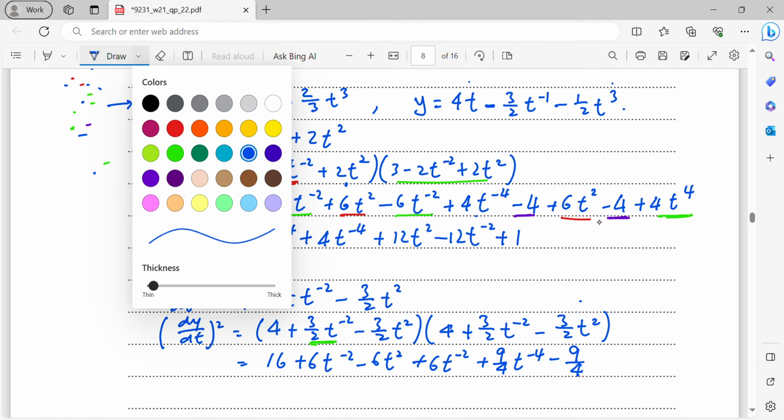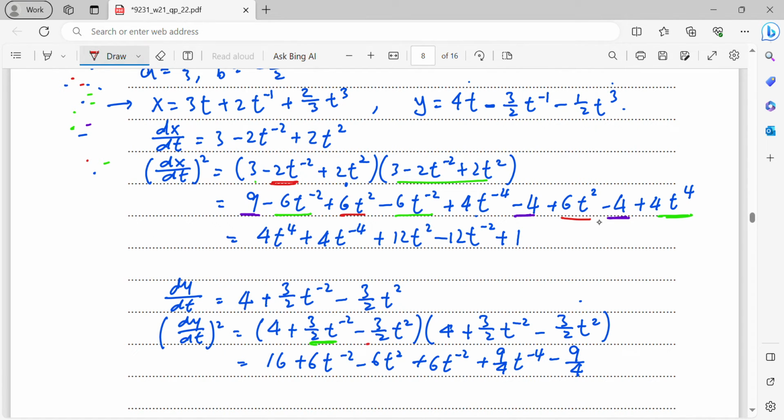Okay, lastly, negative 3 over 2 t squared multiplied by the bracket. Okay, just do the expansion one by one. Then you get negative 6t squared minus 9 over 4 plus 9 over 4 t degree 4. And now again simplify. So you will be getting 9 over 4 t degree 4 plus 9 over 4 t degree negative 4.